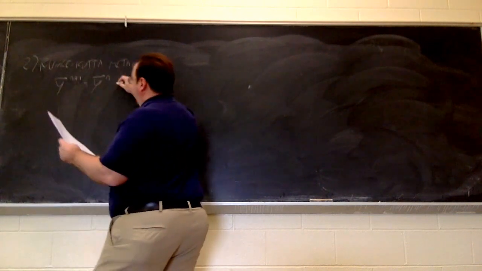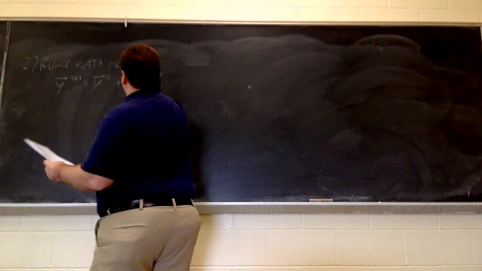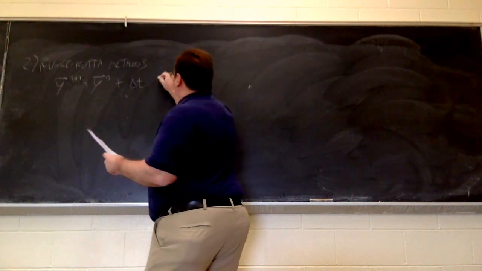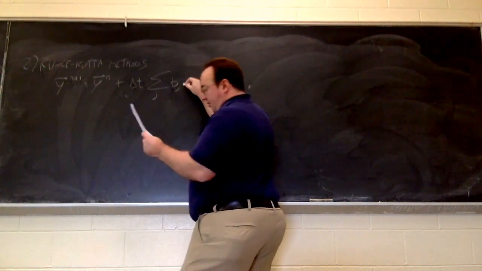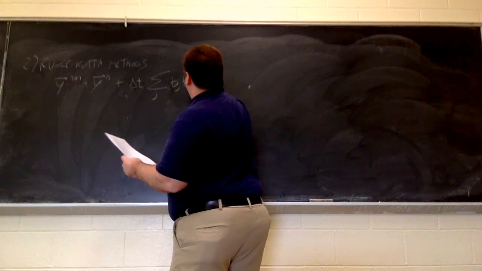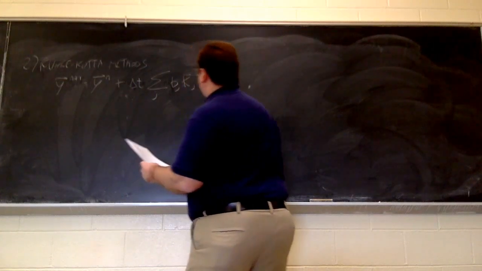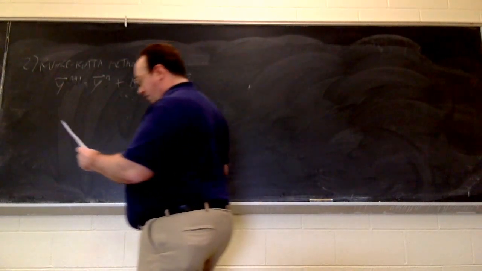It starts out looking like Euler's method, but instead of a single evaluation of f, we have a sum involving these k vectors, which I'll define now.